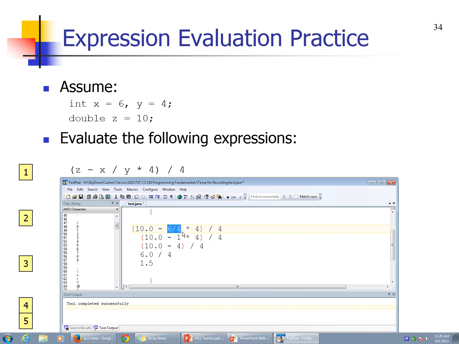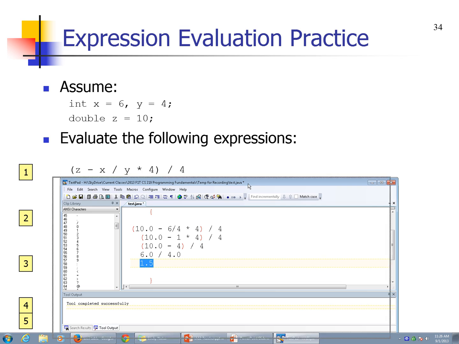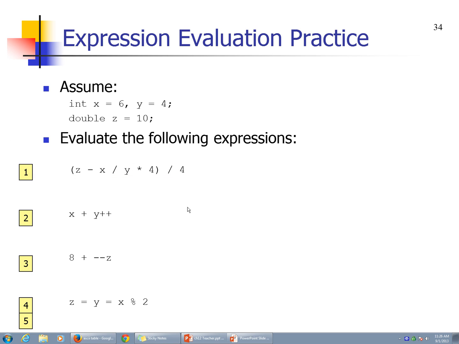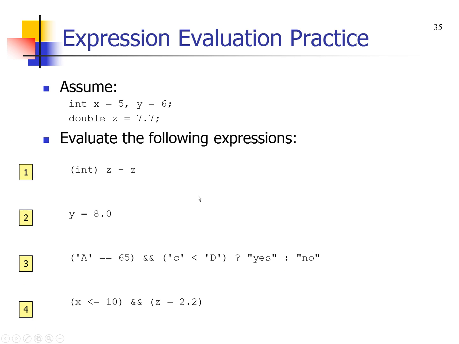So 6 over 4 becomes 1. Now 6.0 divided by 4, since this is a double, or a floating point data type, this becomes 4.0. 6.0 divided by 4.0, we end up with 1.5. Easy enough? We're not going to go through the rest of these. Oh, are those the same answers?